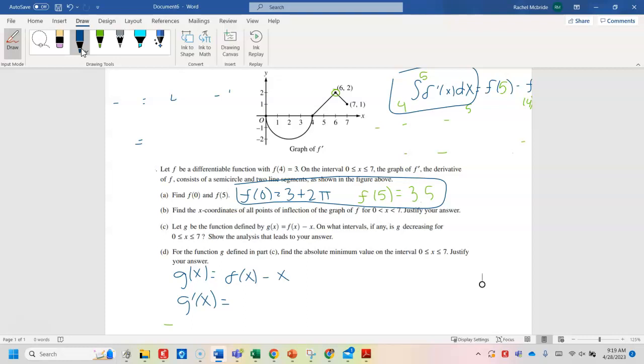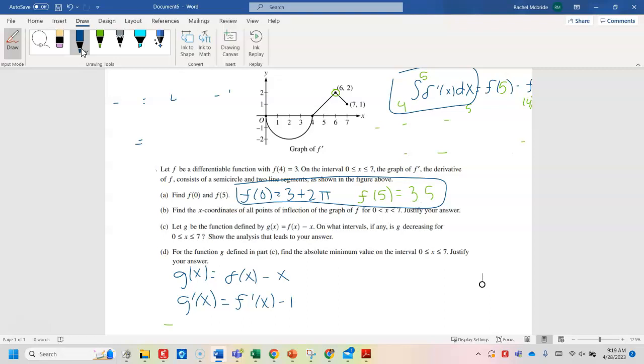So g prime is going to be equal to f prime minus 1. So is that minus 1 going to change anything with respect to g being decreasing? So g will be decreasing if g prime is negative. What that does is shift this graph down 1.